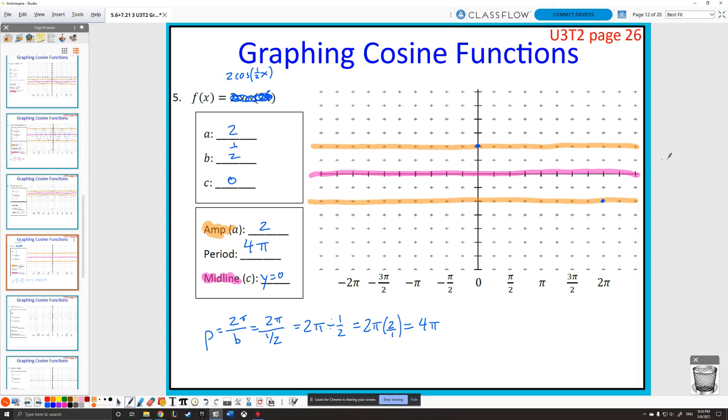Even though I know that's way all the way down there and it's off of our area, that's okay. We stop drawing at 2 pi normally, so this is where we're going to stop. But between 0 and 2 pi is my midline point, which is right here. And I'm going to have the exact same thing to the left.